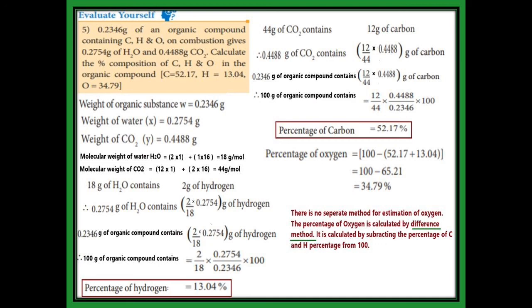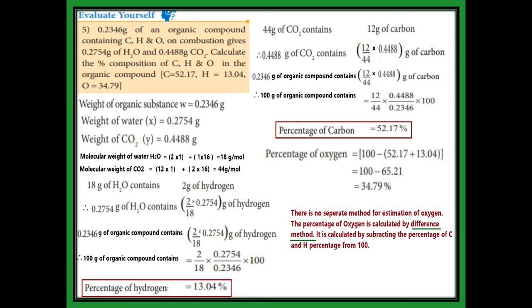The next one, carbon dioxide. What is the molecular weight of carbon dioxide? 44 gram. In that 44 gram, the carbon weight is 12 gram. So we write: 44 gram of carbon dioxide contains 12 gram of carbon. Then the carbon dioxide weight is given as 0.4488 gram. This carbon dioxide contains 12 divided by 44 into 0.4488 gram of carbon.